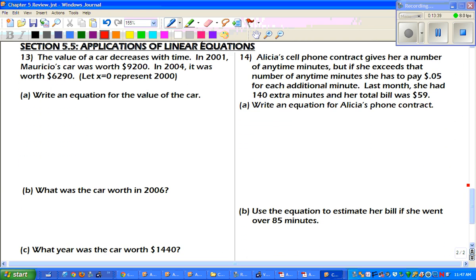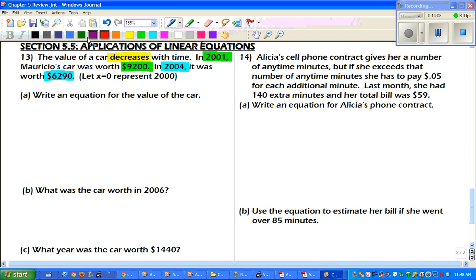All right, number 13. The value of a car decreases with time. In 2001, the car's worth was $920. In 2004, it was $629. Let x equal 0 represent 2000. So I'm just going to re-highlight these in some different colors because they're giving us 2 points.